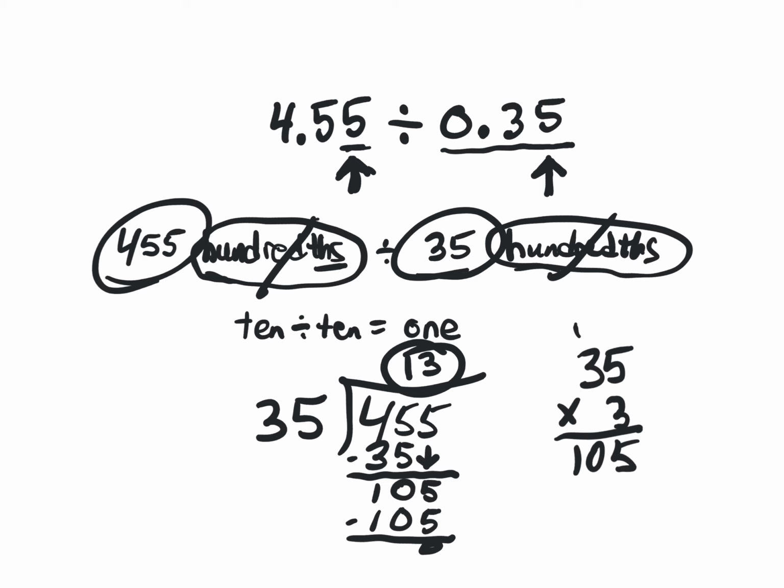Did you beat me? All right, so 13 is our final answer, and that's it. So what happens, though, when there's not a digit in the hundredths place and not a digit in the hundredths place? Well, let's take a look.